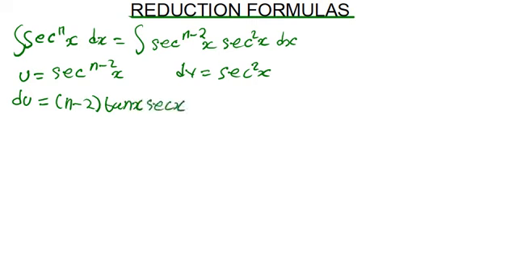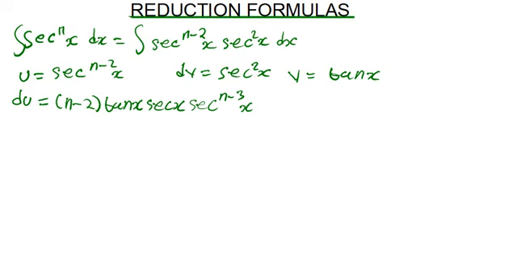Then you reduce that power by 1, meaning sec n minus 3 of x, like that. Then our v will be equal to tan x, since when you differentiate tan, you get sec squared.